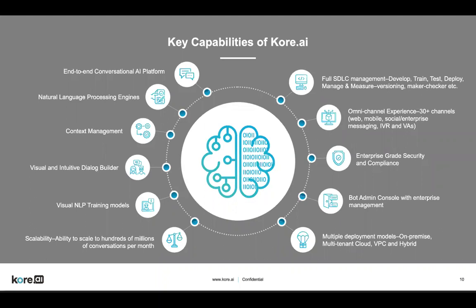We support enterprise-grade security and compliance, so all the conversations are encrypted. We also store the conversations in databases to generate the conversation history or the chat history, which will allow the developers to monitor the performance of the bot after it has been deployed.